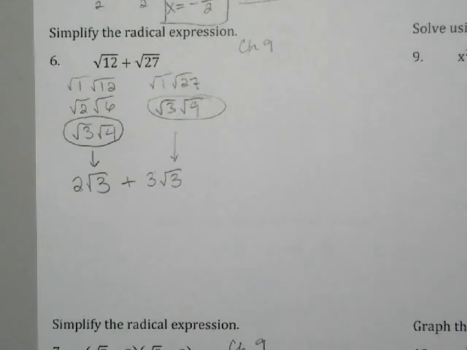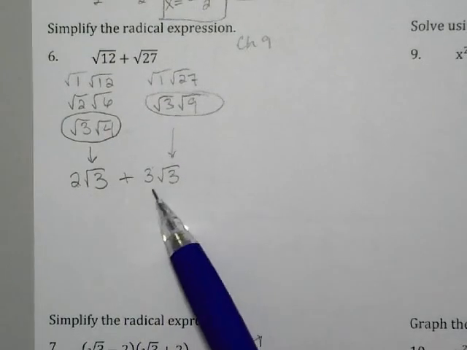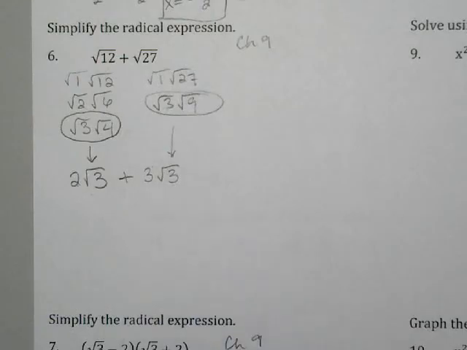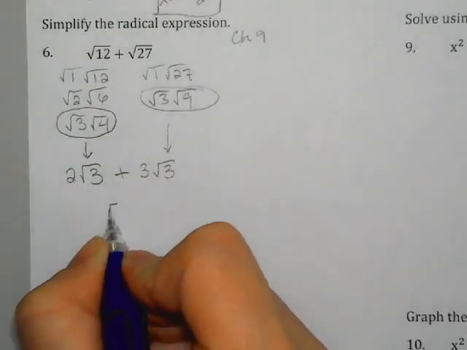So then I want to see if I can reduce this any further. What do you think? Nope. If I had 2x plus 3x, what would that be? 5x. So, since I have 2 square root of 3 plus 3 square root of 3, what do you suppose that's going to be? 5 square root of 3.